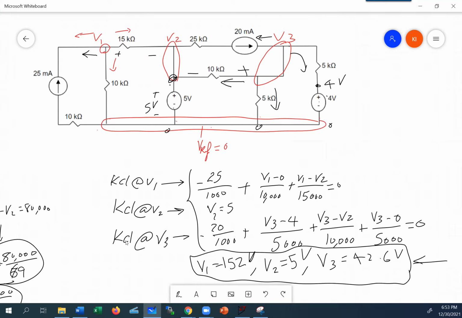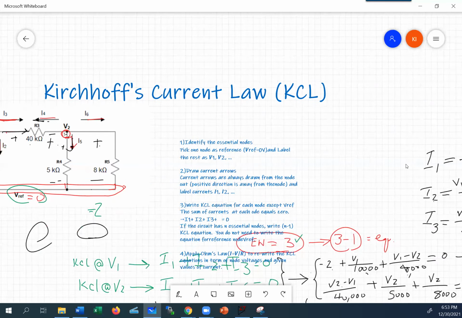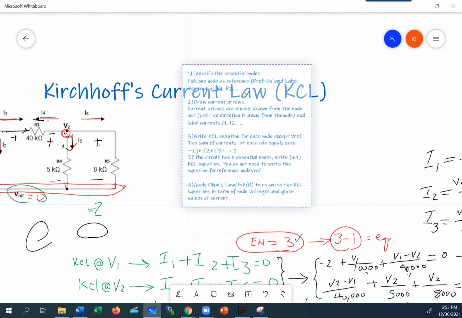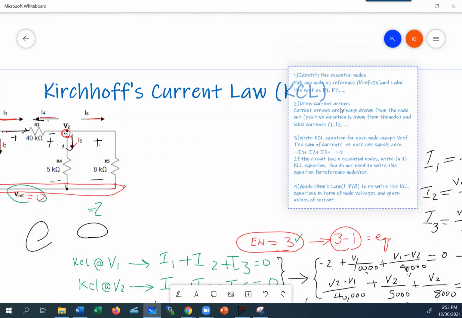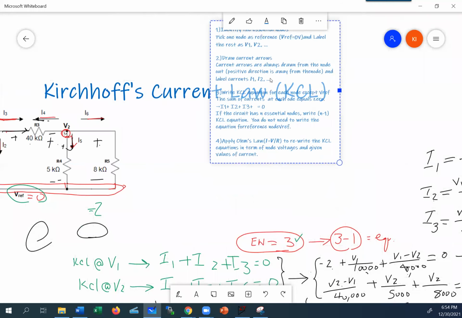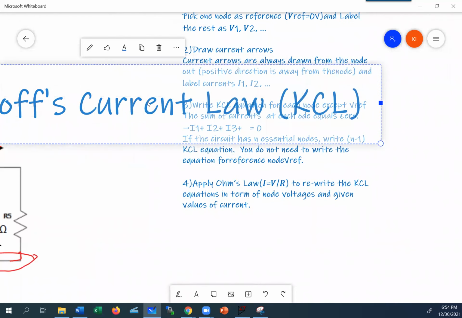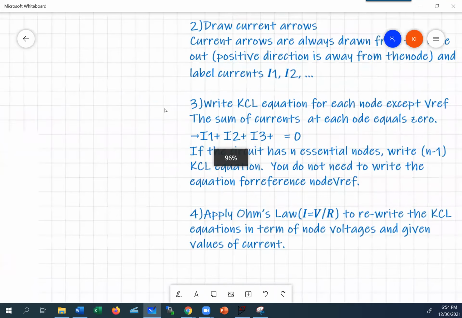So let's go back and review the steps one more time just to make sure we've got the steps all correct. Okay. Let's see if I can find some open space for us to look at this thing.